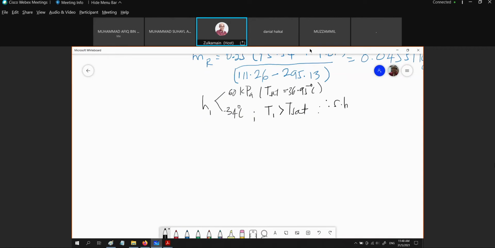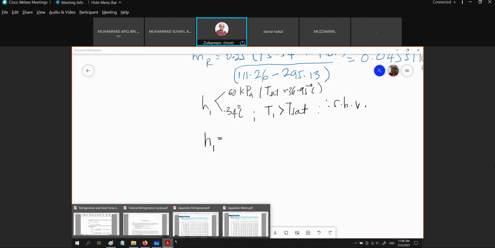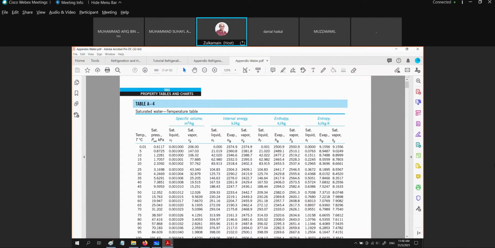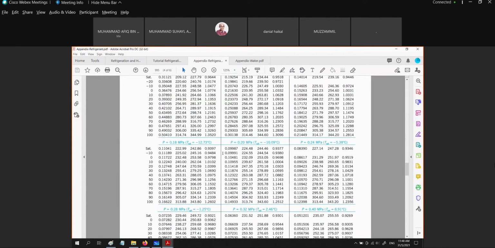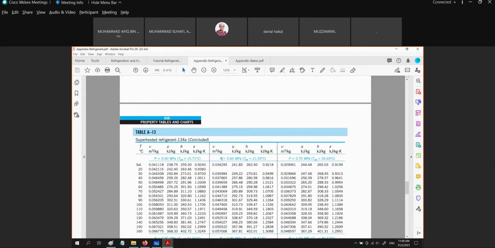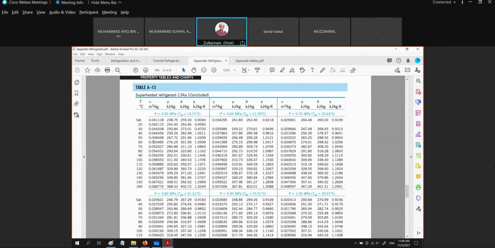Therefore, it is superheated vapor. So when we have superheated vapor, we look at the superheated table at 60, which is 0.6 at 34. Again it is not there. We have to do a lot of interpolation.